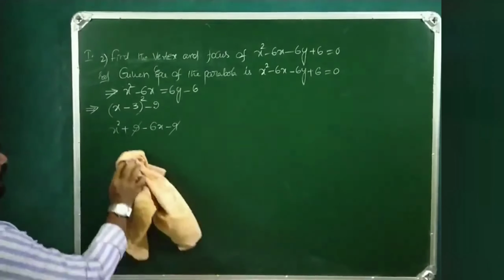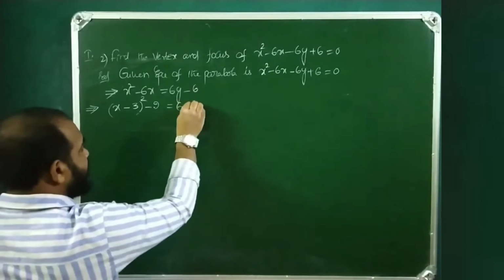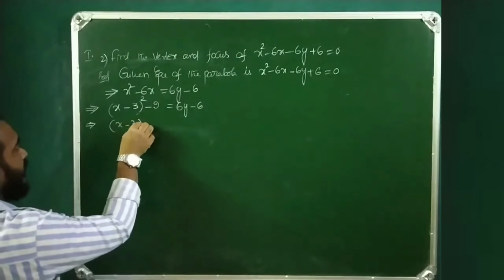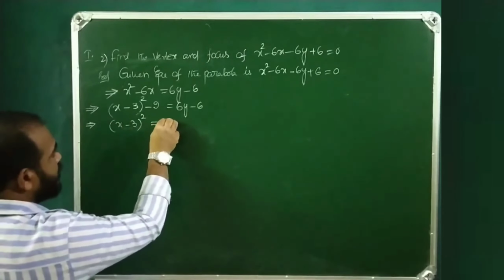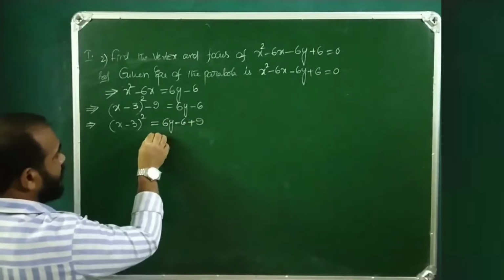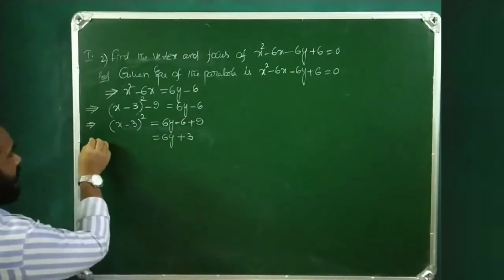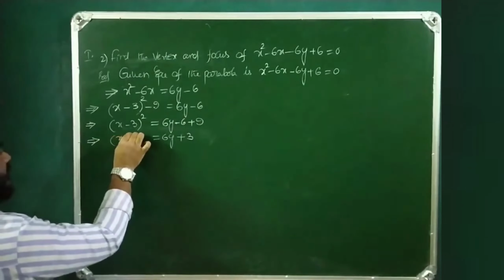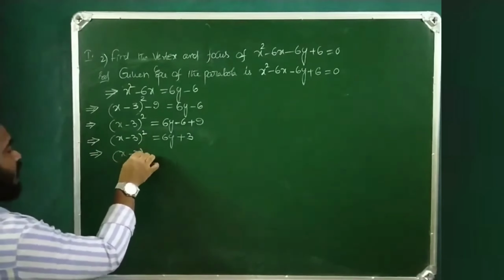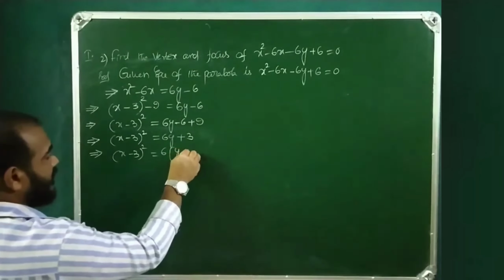So this is equal to 6y minus 6. This is equal to x minus 3 whole square. This is equal to 6y minus 6 plus 9. 6y, 9 minus 6 is 3. This is equal to x minus 3 whole square. x minus 3 whole square is equal to, take 6 in common here, then y plus 3 by 6.